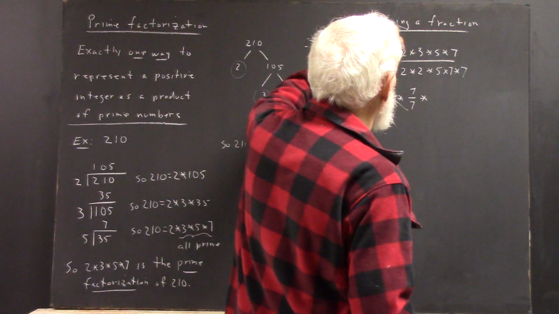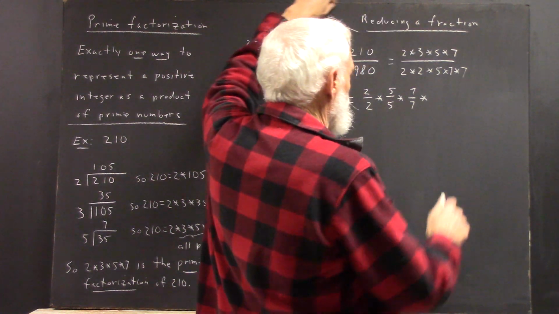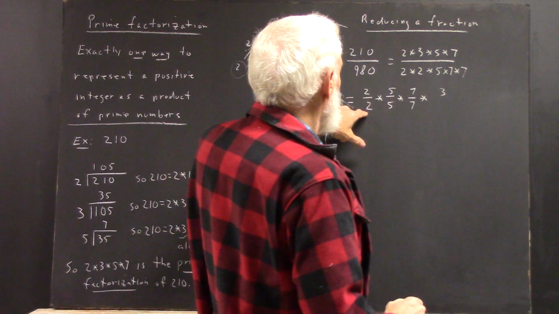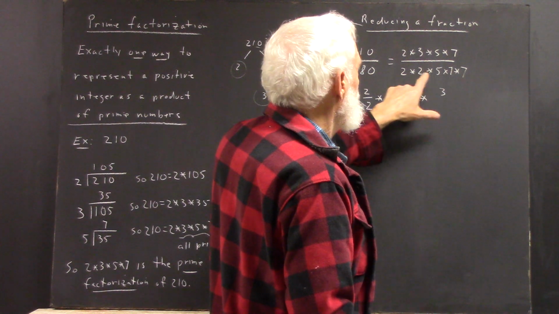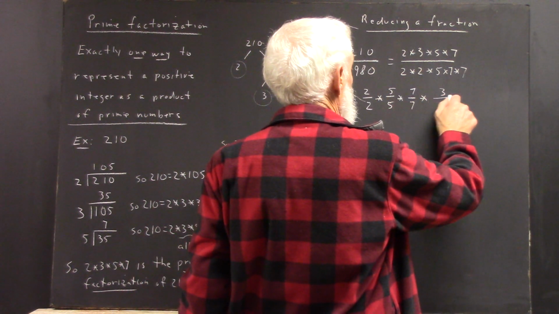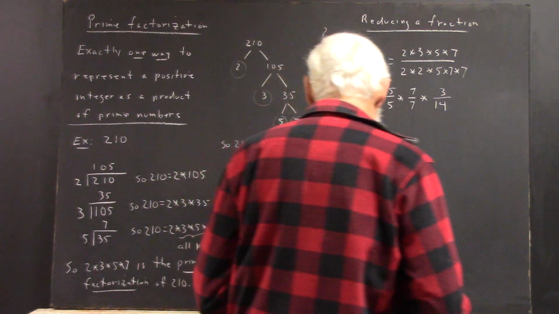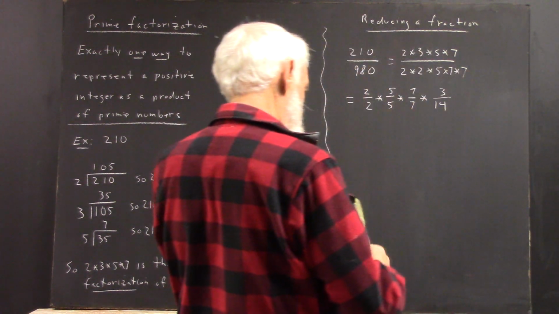Okay, so I've taken care of this 2, this 5, and this 7, leaving me only a 3 in the numerator. And I've taken care of the 2, a 5 and a 7 in the denominator, but there's a 2 and a 7 that aren't left. So that's going to be over 14, and I shouldn't have written it that way. I don't want to skip a step.